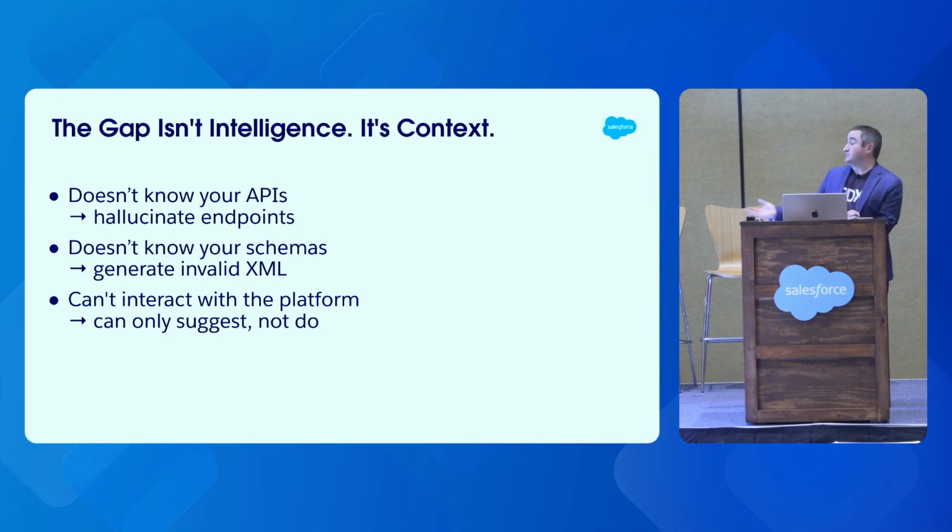And if it can't interact with the platform, it can't figure out what's wrong. It can't deploy, it can't import, it can't export, it can't check logs. If it doesn't have the tooling necessary, then it's just flying blind. Maybe it can deploy, maybe the user deploys automatically, but if you're just flying blind, it's a problem.